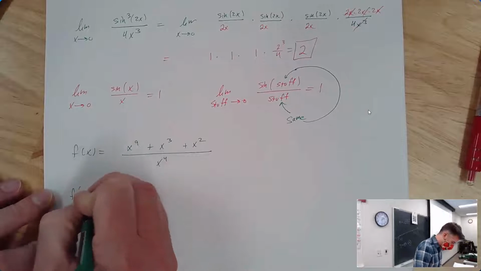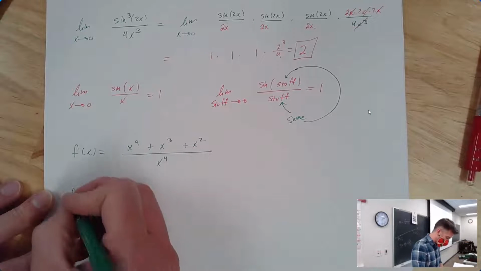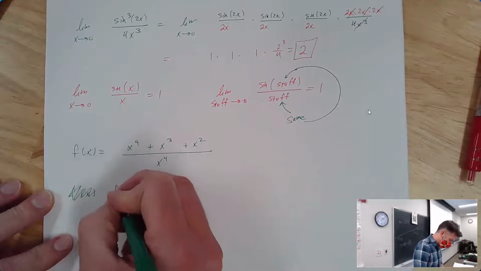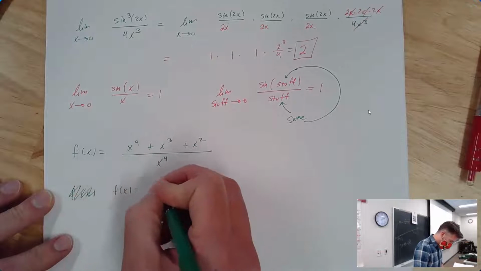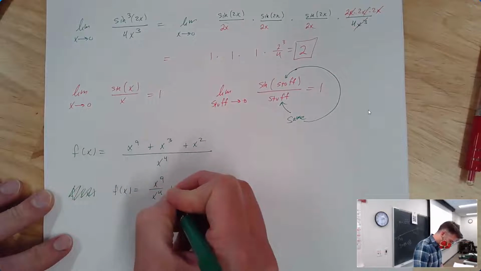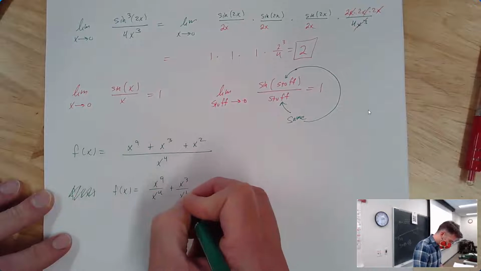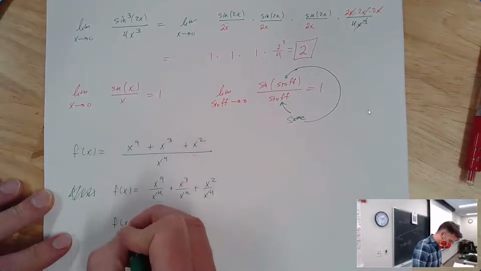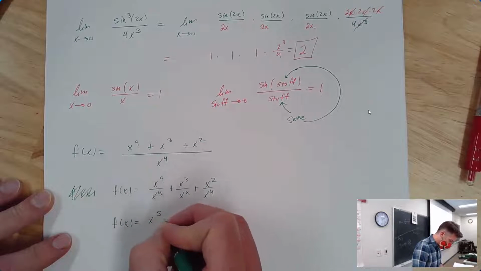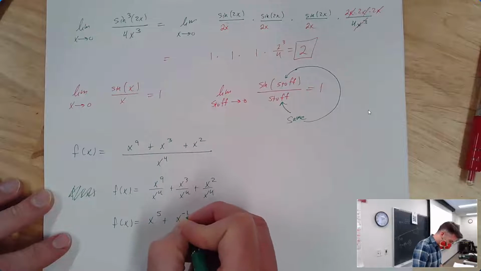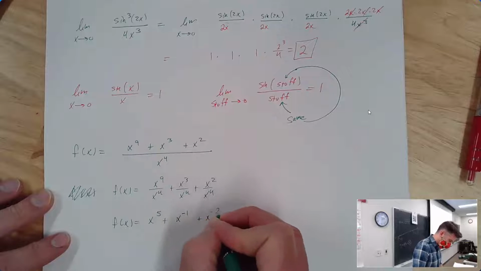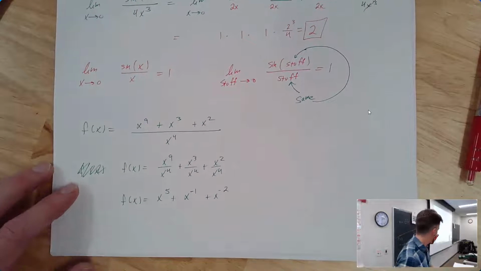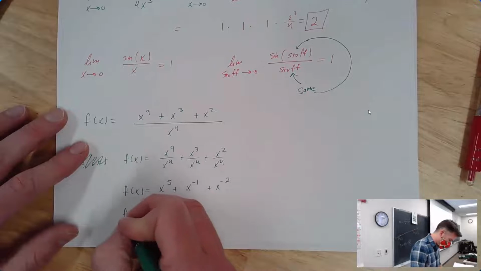I'm not going to find the derivative just yet. I'm going to simplify. I have x to the 9th divided by x to the 4th plus x cubed over x to the 4th plus x squared over x to the 4th. And I can rewrite that as x to the 5th plus x to the -1 plus x to the -2. And now it's not terrible to differentiate at all.